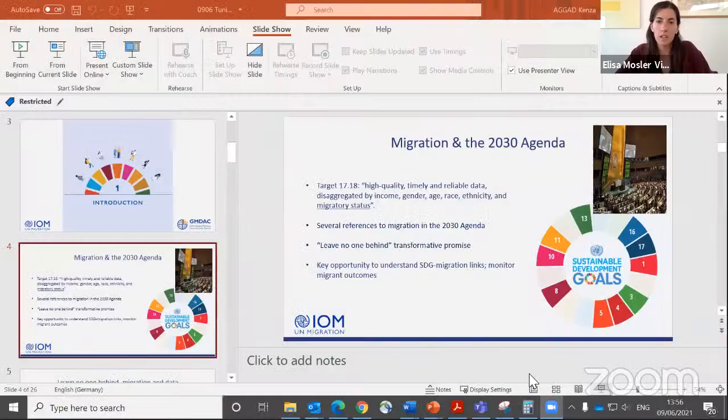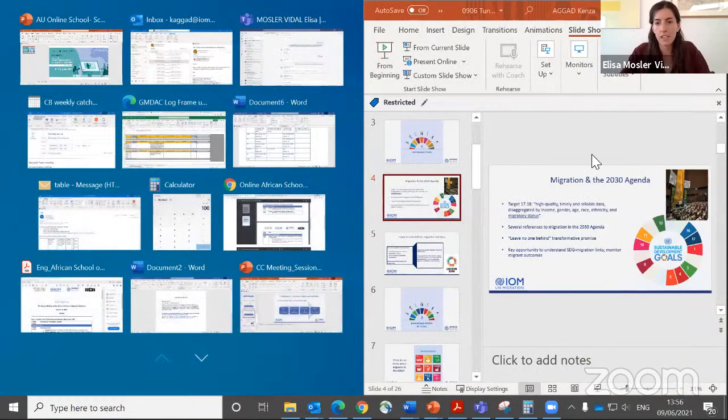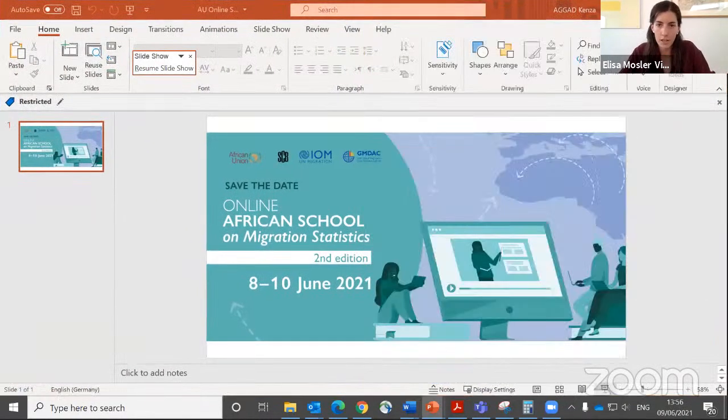So the first is that migration is mentioned in some of the Sustainable Development Goals explicitly. There is one target, target 10.7, about safe, orderly and regular migration, about migration governance. And this is a key opportunity to really include migration in a development framework for the first time.